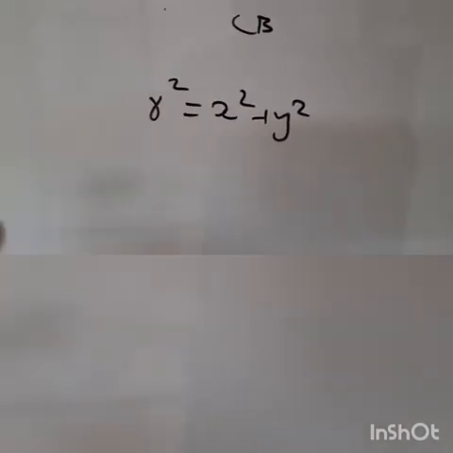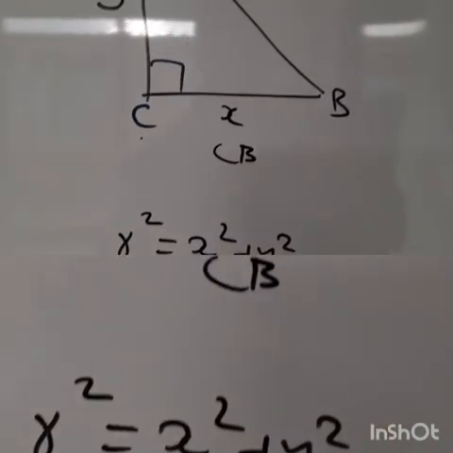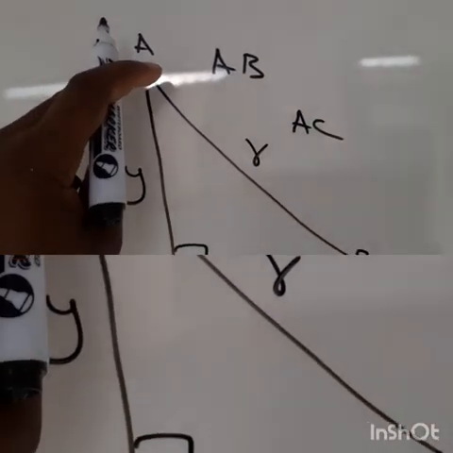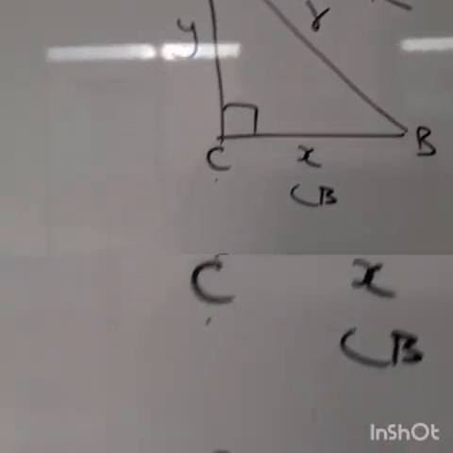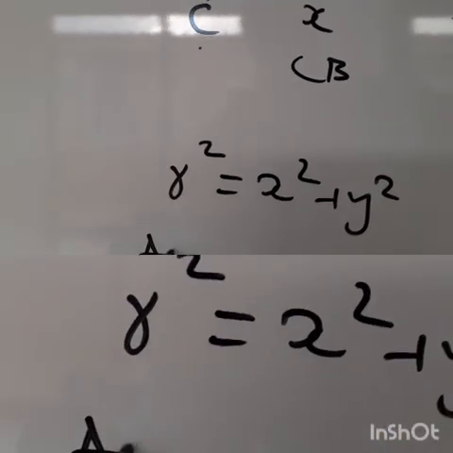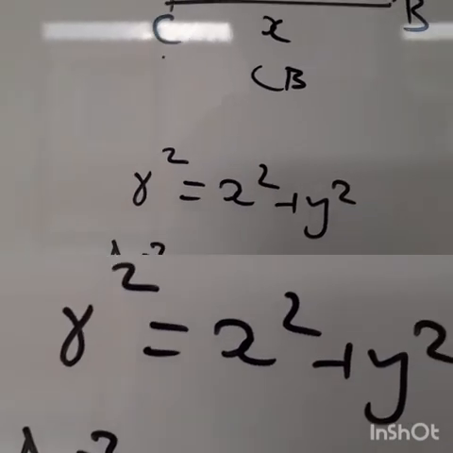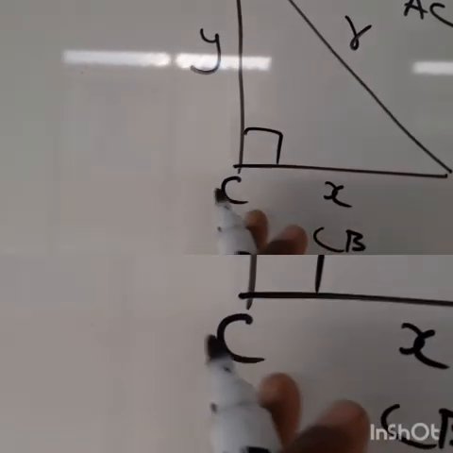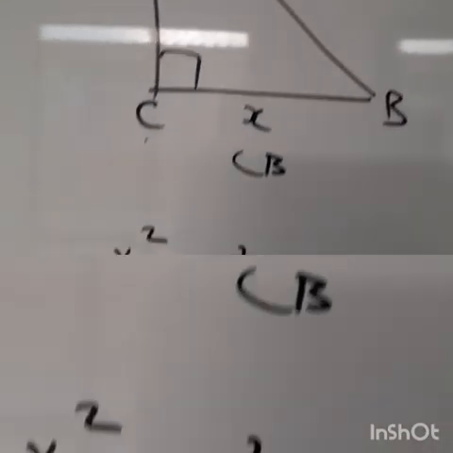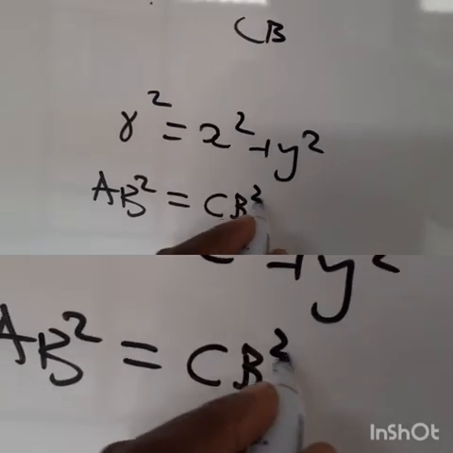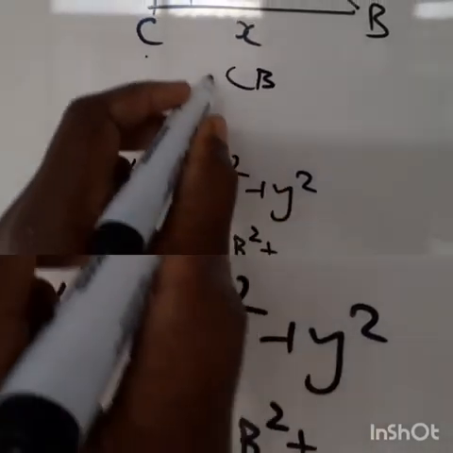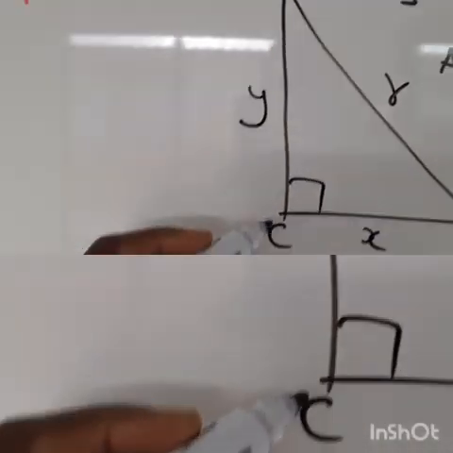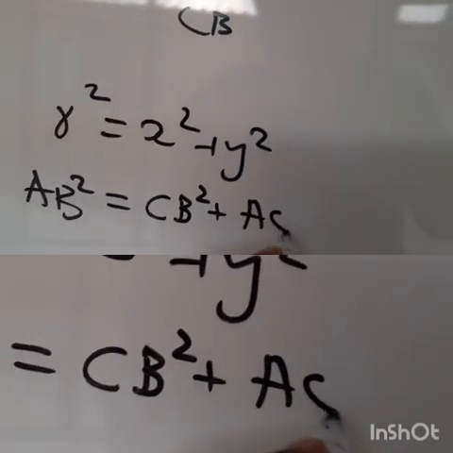Instead of writing R squared equals X squared plus Y squared, my R is the line that starts from A to B, so I can write AB squared is equal to, instead of X, the line from C to B, which makes it CB squared, plus, instead of Y, the line from A to C, which becomes AC squared.